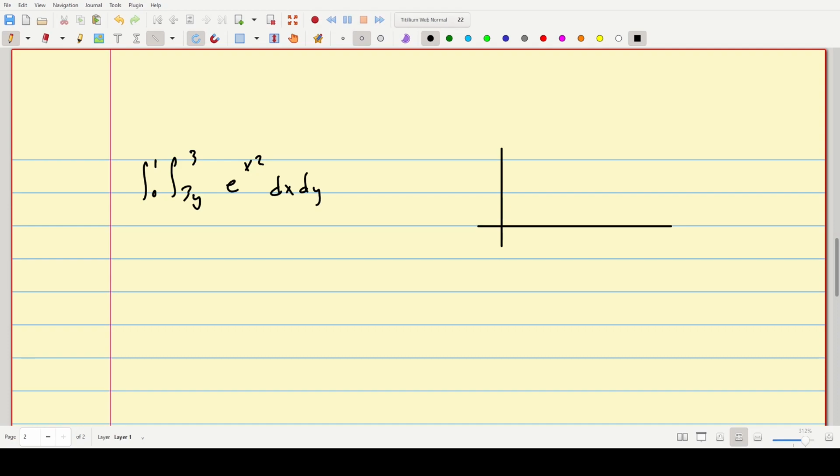We're told that the y range goes from 0 to y equals 1. And in the x range, we are told that this is a bound.